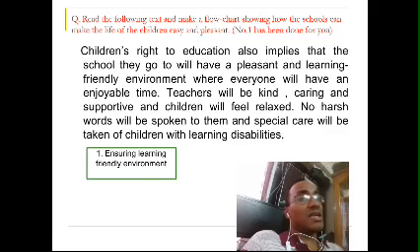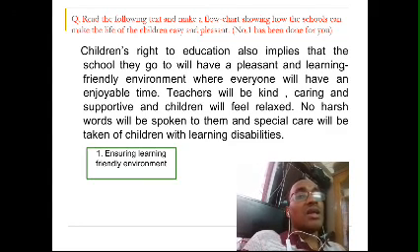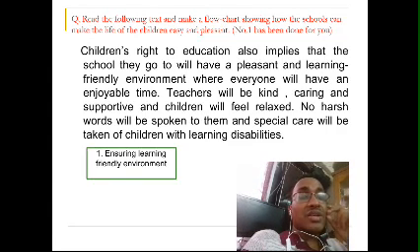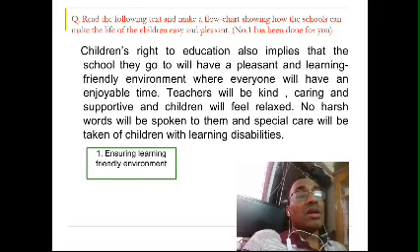So the first one is given, ensuring learning friendly environment. Here, ensuring, using the ing form, that is a participle, has been used. That means the first information has been given using a participle.